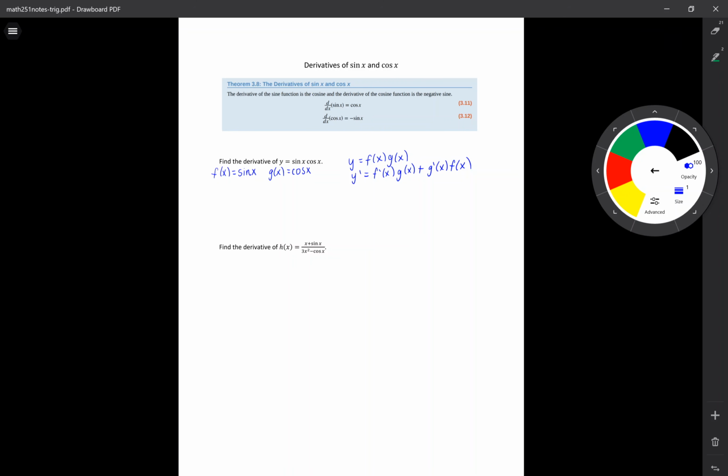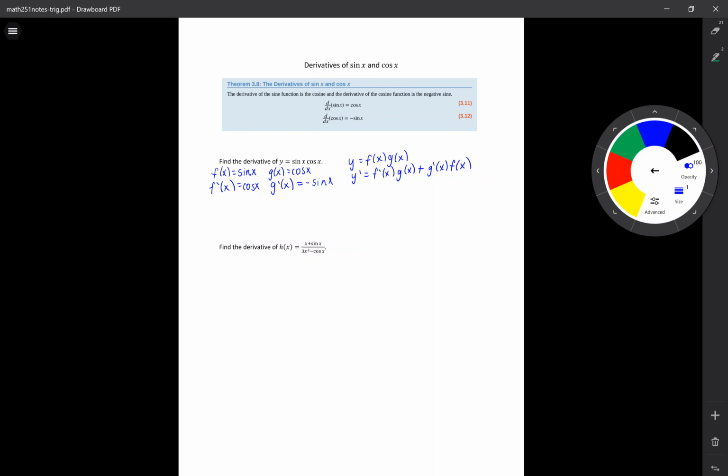And in order to use the product rule here, we also need to find the derivatives of f and g. So f prime of x is, according to our rules up here, cosine x. And the derivative of g of x, which is the derivative of cosine x, is equal to negative sine of x.